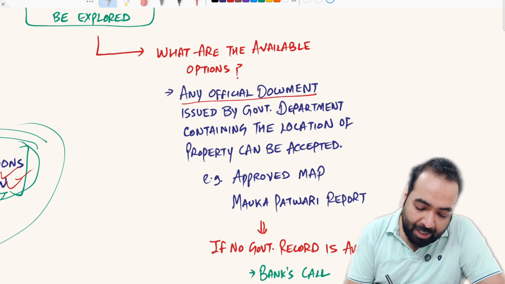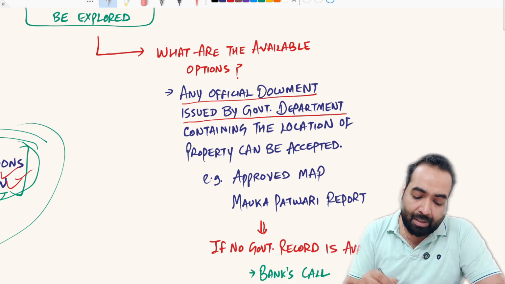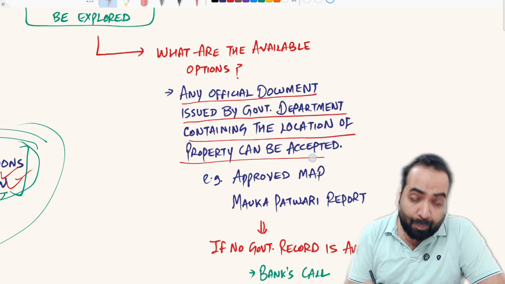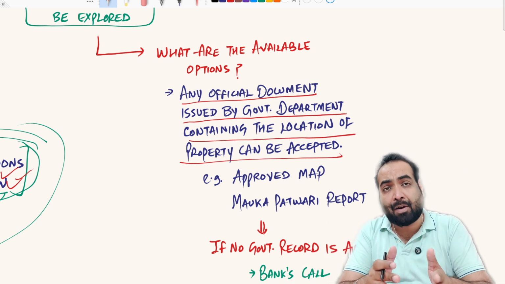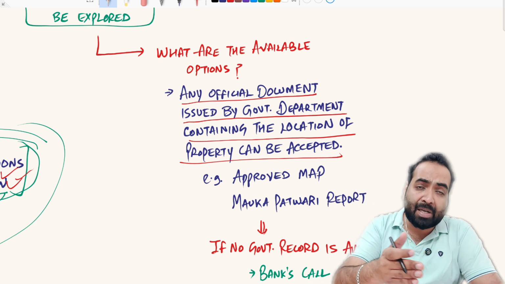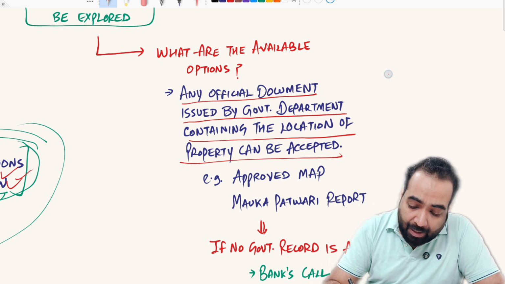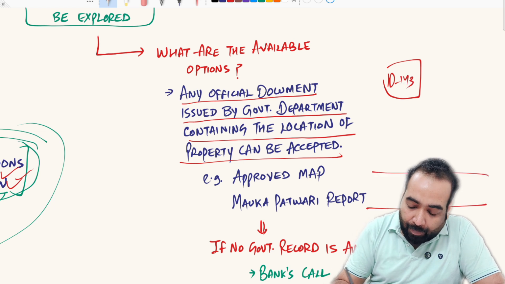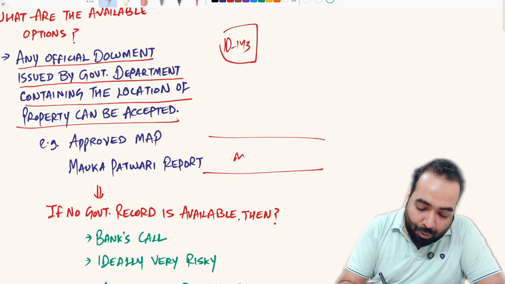Any official document issued by any government department containing the location of the property and the actual site plan of the property, the actual approach to the property, mentioning properly that if this is D143 property and this is the main market road, then how will you reach the location of the property?